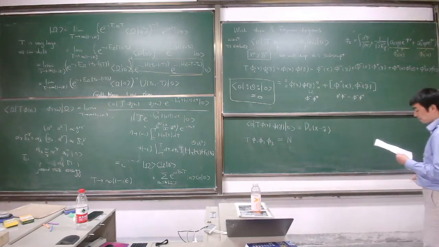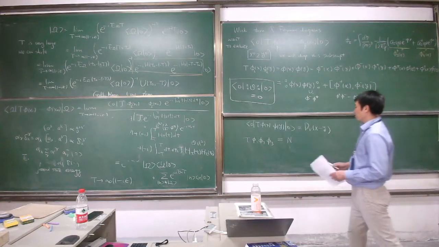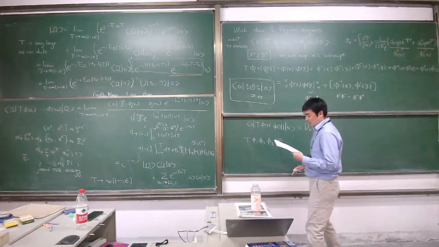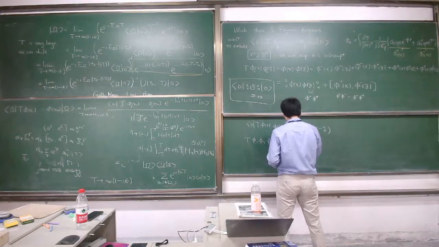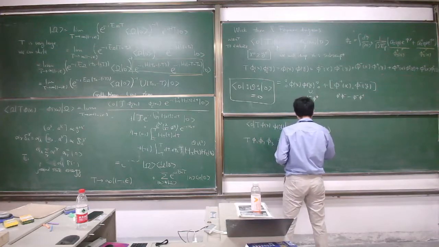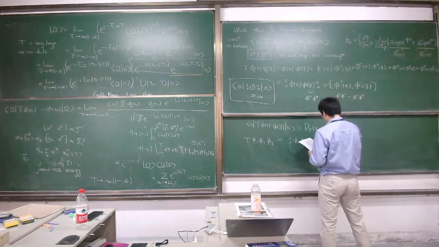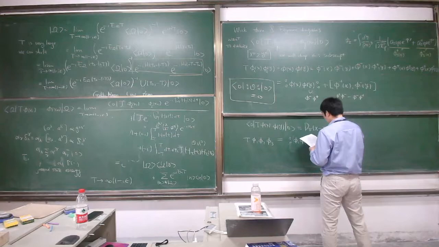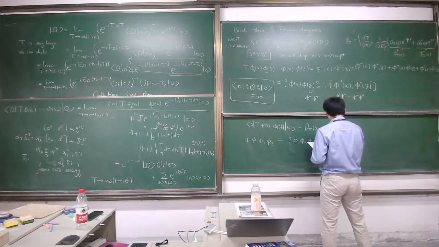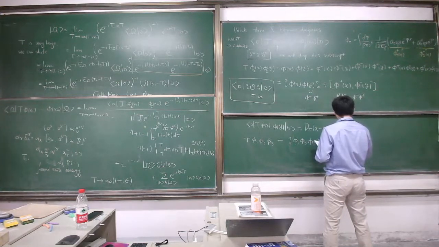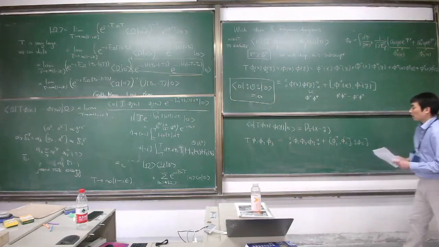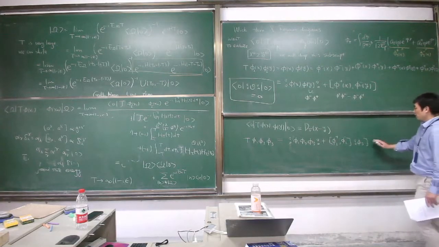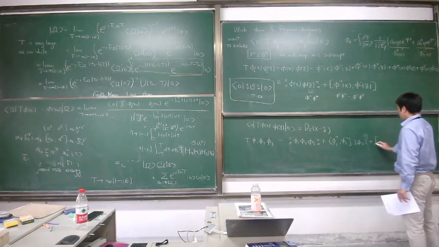Sorry, N is the normal ordering, but anyway, normal ordering of phi 1, phi 2, phi 3, and then plus, let's see, this commutator phi 1 plus phi 2 and normal of phi 3, and minus, sorry.